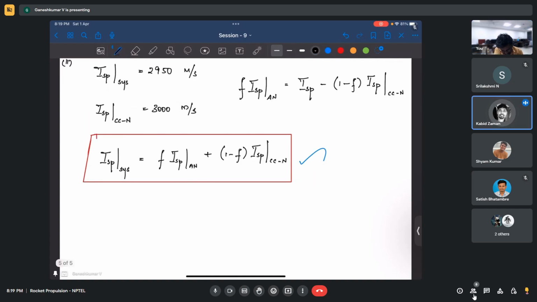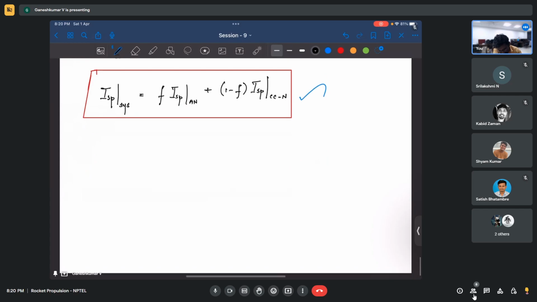Can we get this directly from the mass flow balance? Total mass flow rate is equal to mass flow through the main combustion chamber plus the gas generator, which is actually the mass flow through the auxiliary nozzle. It's actually coming from there. So let me write it down.